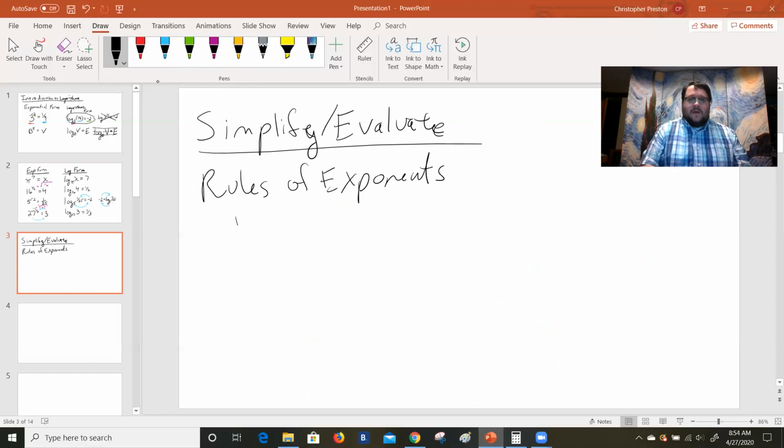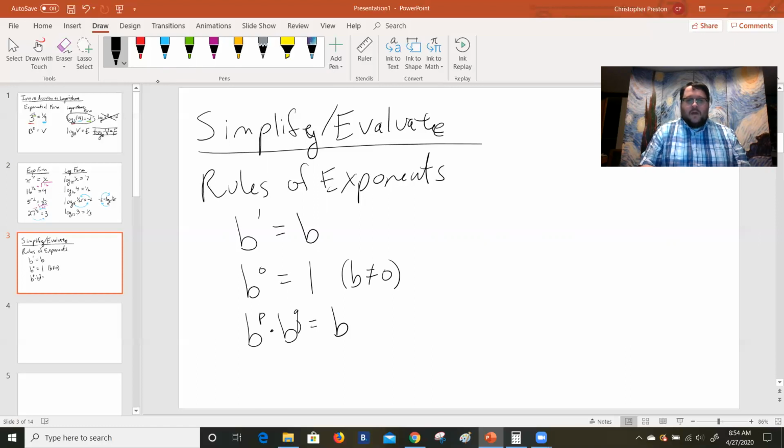Any base to the first power is that base. Any base to the 0 power is 1, as long as that base isn't 0 itself. If you have a base to a power and you multiply that by the same base to a power, then you add those powers.